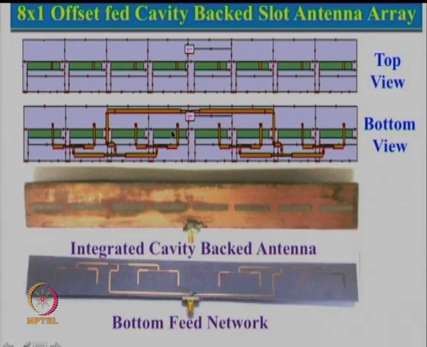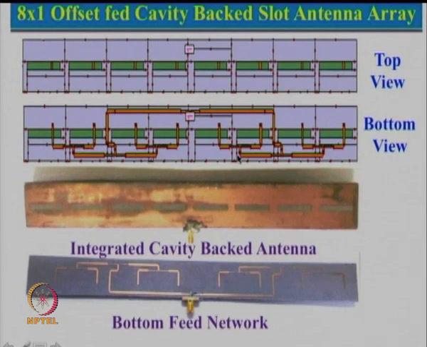The reason was that when we were taking this on this side over here, remember these are slot antennas and here there is a feed network. So these were acting like a reflector for these slot antennas, and the radiation pattern was not coming out symmetrical.